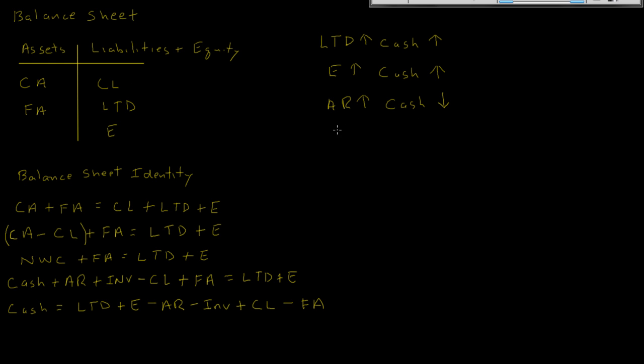Instead of us collecting cash for what we sold, we give people credit for that. If inventories go up, the amount of cash goes down. We have to use cash to pay for those inventories. If the amount of current liabilities increases, the amount of cash goes up.